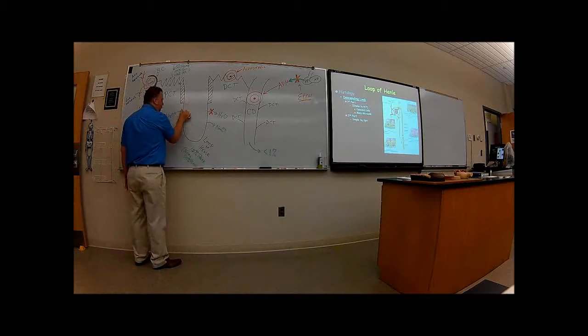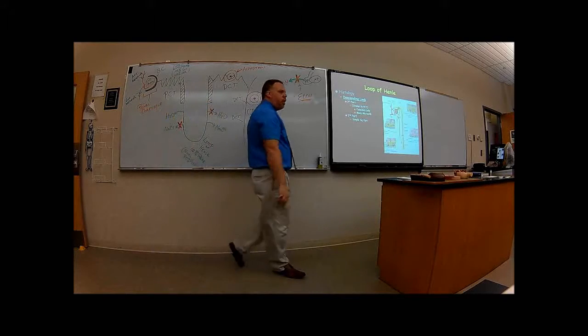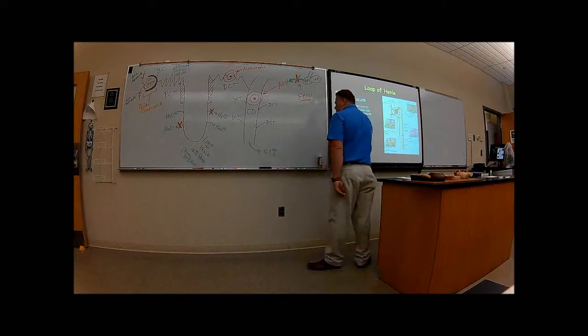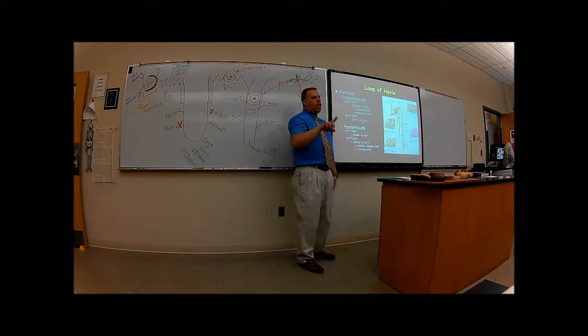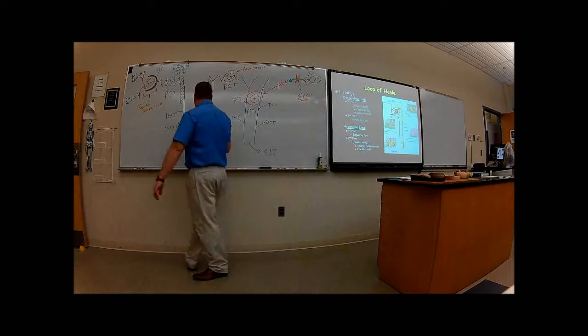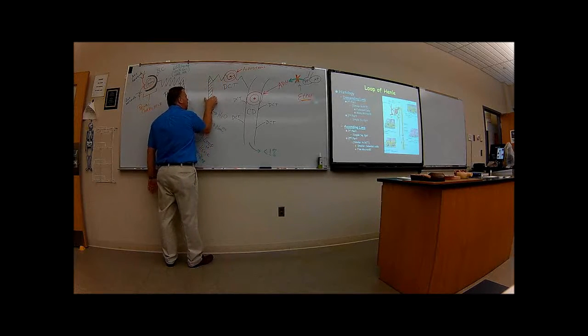Then you have the thin area here, and that's going to be simple squamous epithelium, thin. Then you'll have the hairpin turn, and then you'll have the ascending, which works kind of the same way. This is going to be simple squamous epithelium, and then this is going to be simple cuboidal. It'll look exactly like the DCT, except it's straight.